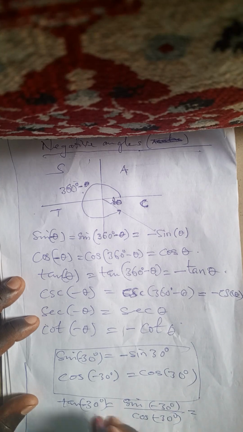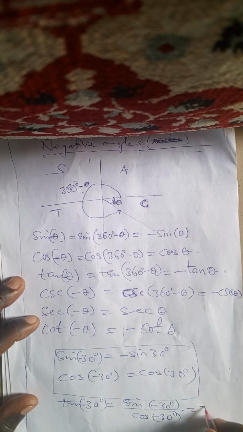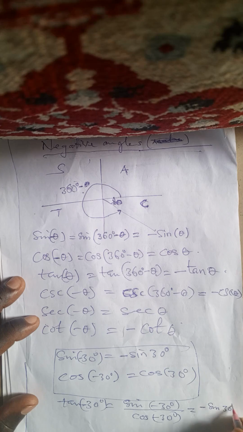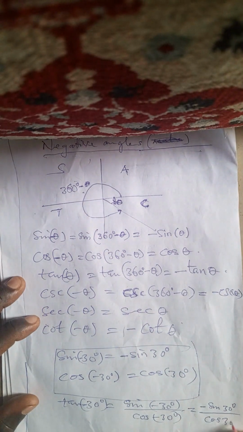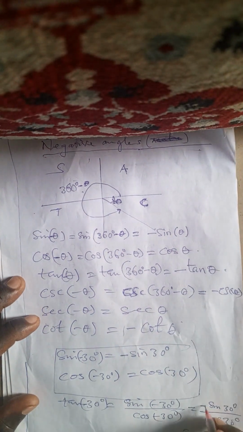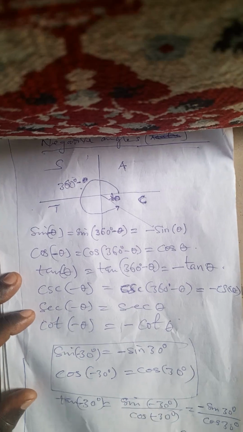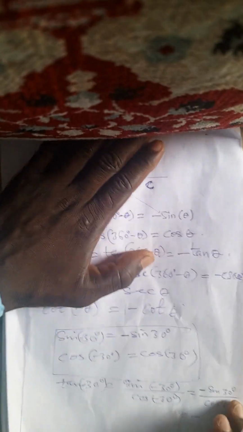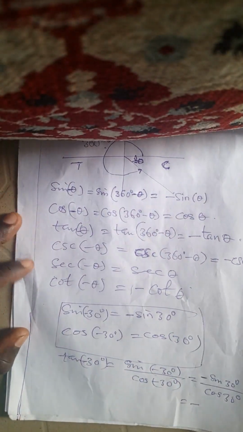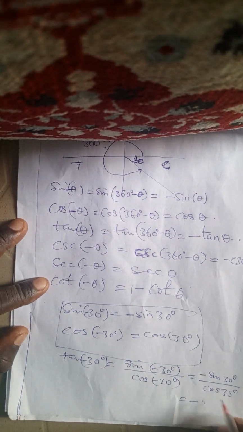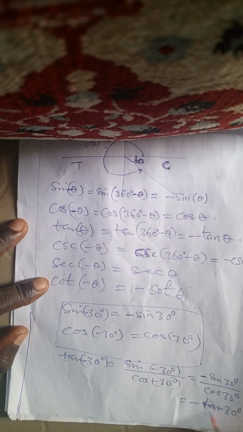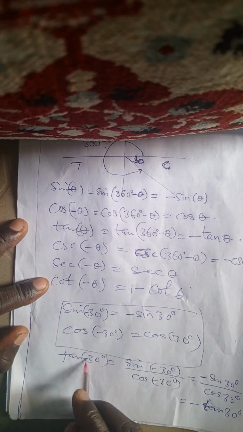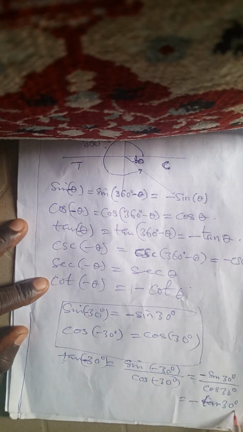But sine is negative, so this is equal to minus sine 30 degrees over cos 30 degrees. So we have a minus because of the minus here, and sine over cosine is tan 30 degrees. So tan negative 30 is equal to negative tan 30 degrees.